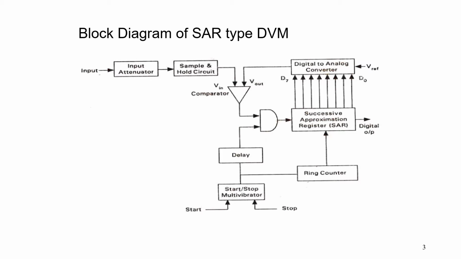Digital voltmeters are measuring instruments that convert analog voltage signals into a digital or numeric readout. The digital readout can be displayed on the front panel and also used as an electrical digital output signal.